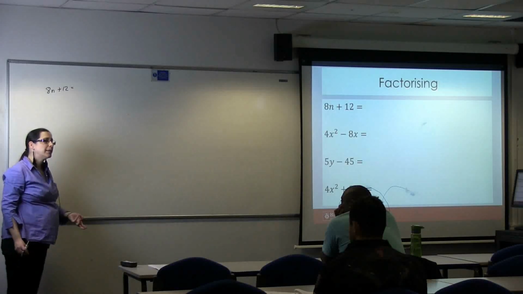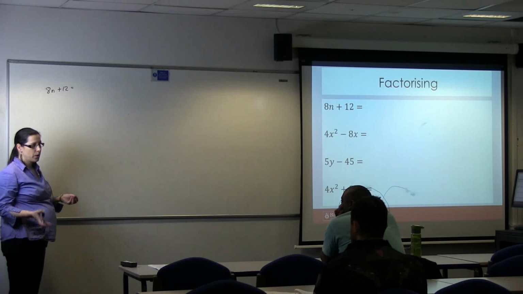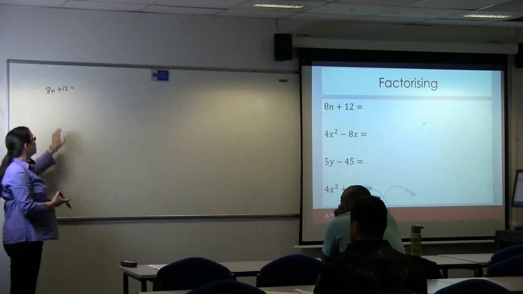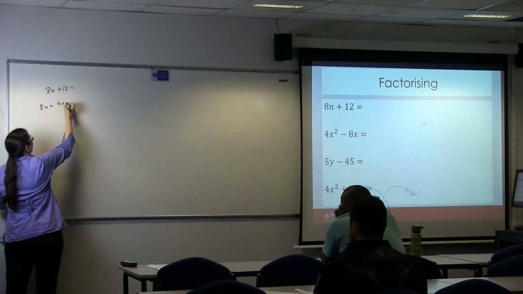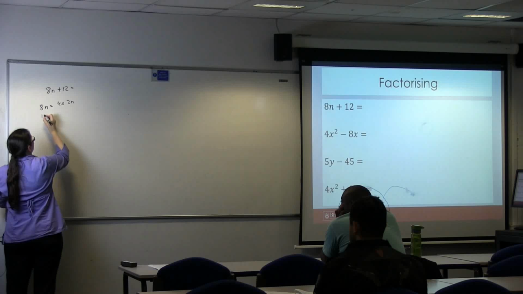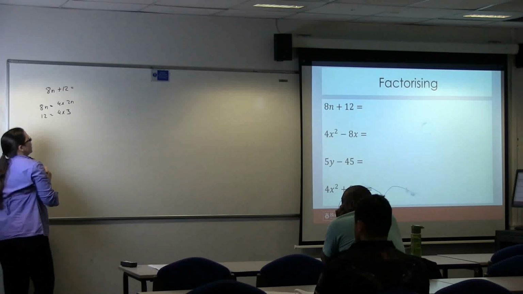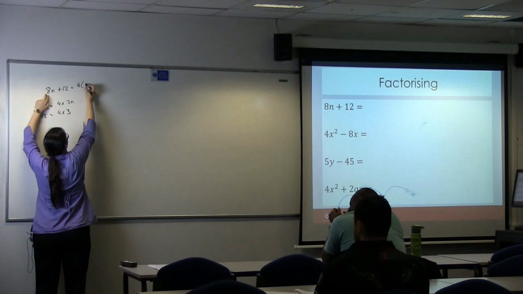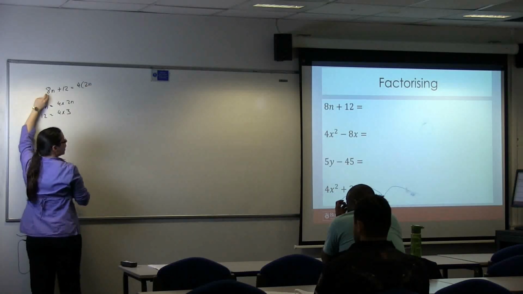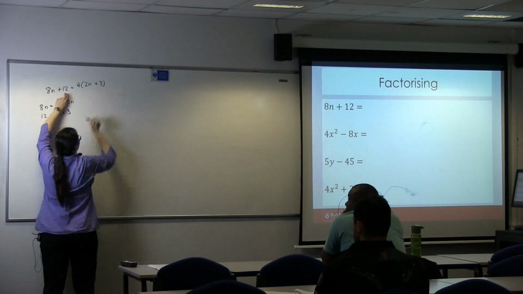But can I factor out anything more? Well, I actually can, because both 8 and 12 are in the 4 times table. So I can factor out 4, because 8n I can rewrite as 4 times 2n, and the 12 I can rewrite as 4 times 3. Now, if I factor out 4 from the first term, I have the 2n left behind. And if I factor out 4 from the second term, I've got 3 left behind.